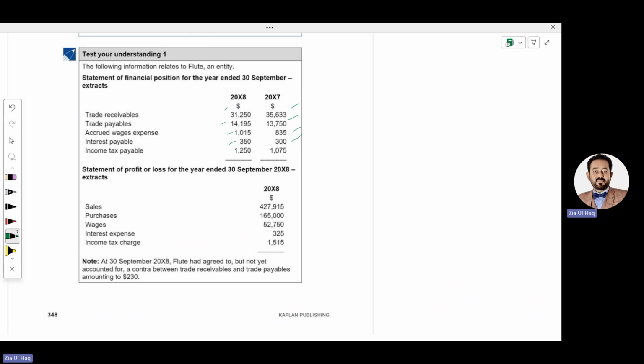Through this, we can find interest paid. Tax payable, opening and closing balance, through this we can find tax paid. We also have the sales figure for the receivable ledger, purchase figure for the payable ledger, wages figure charged to P&L, interest expense charged to P&L, and income tax charged to P&L, similar to accrued wages.